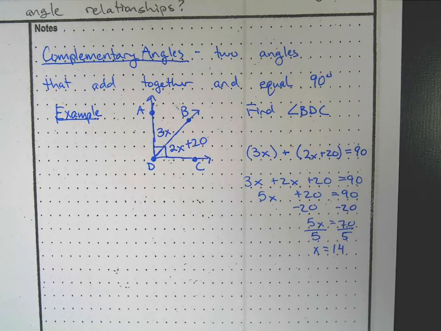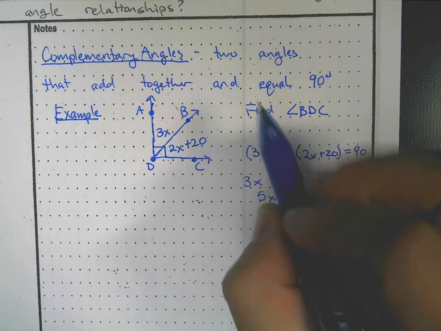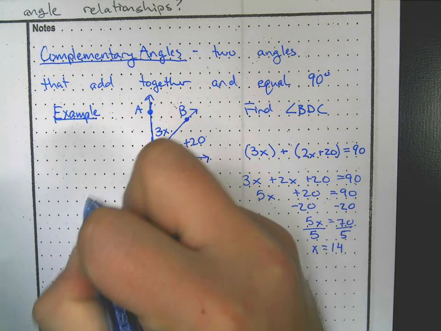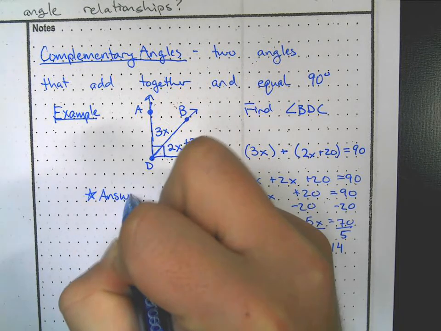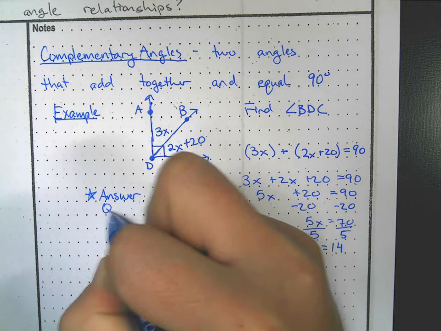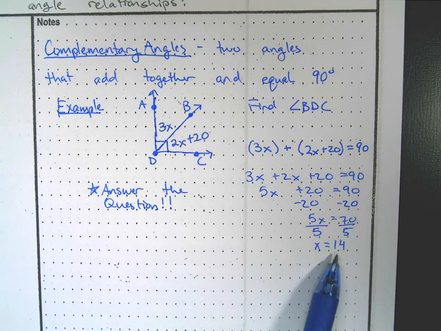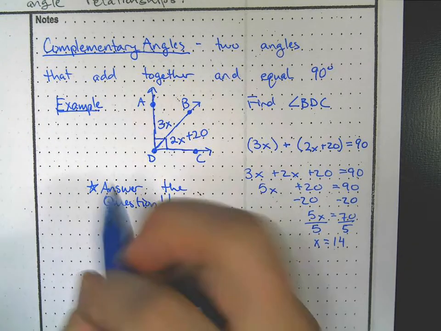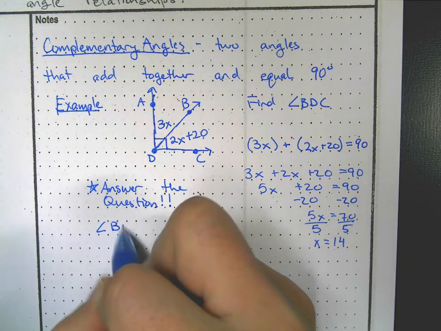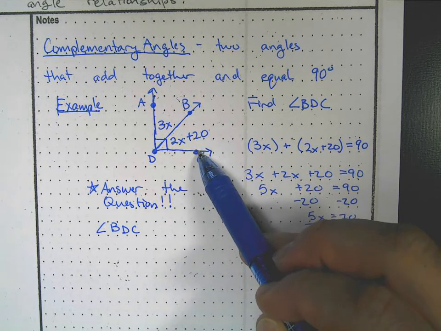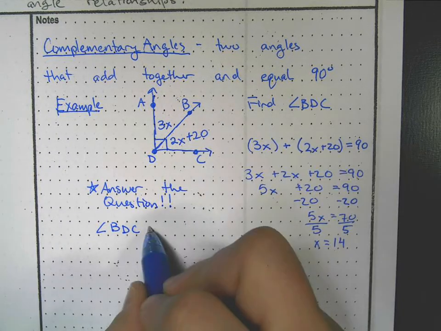But that doesn't answer the question. That just tells me what x equals. This says find BDC. So we've got to make sure that we answer the question. So we found what x equals, so now let's find angle BDC. So I can say angle BDC, that's this one right here, is equal to 2x plus 20.